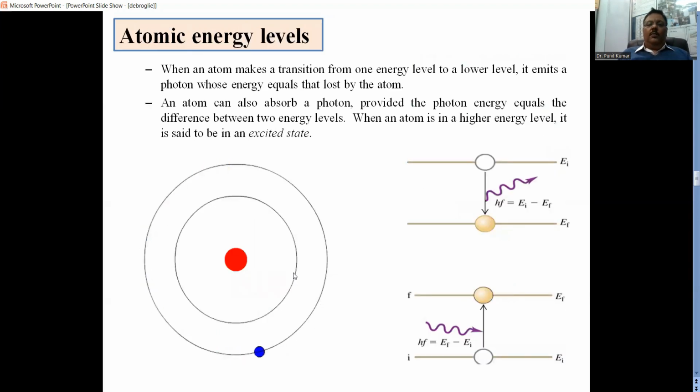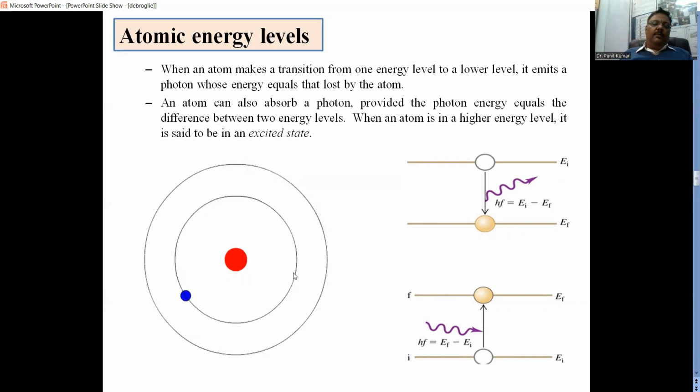So later on, Bohr came up with his theory of hydrogen or hydrogen-like atoms: an electron moves in orbits around the nucleus, and only those orbits are possible whose angular momentum is an integral multiple of h upon 2 pi.